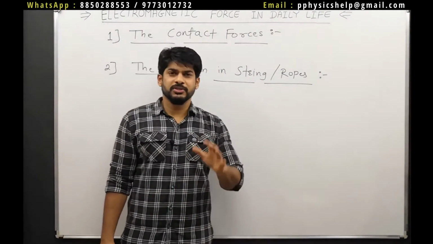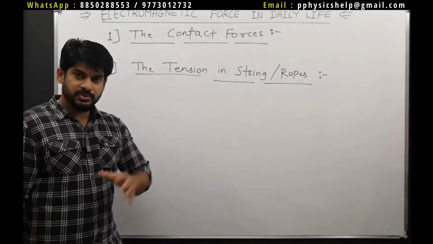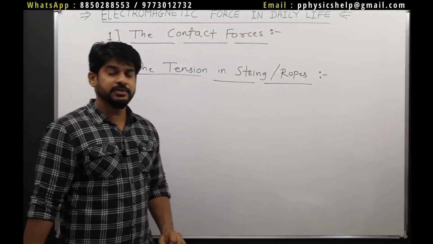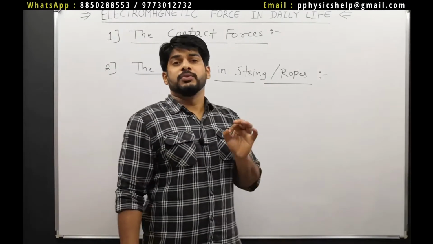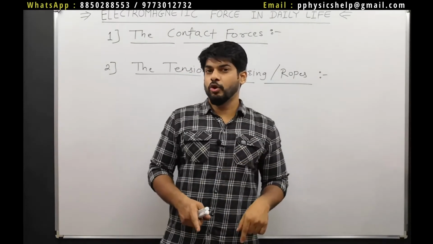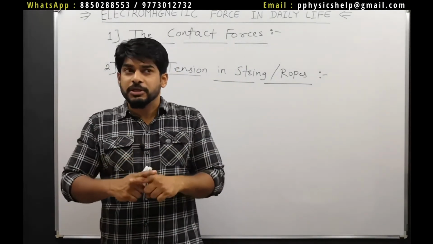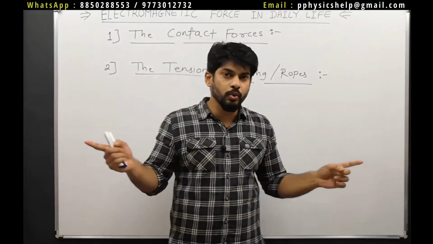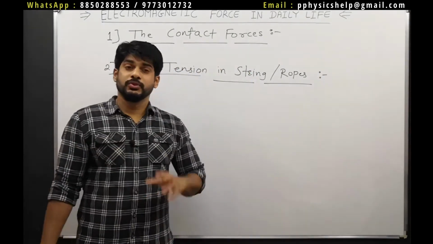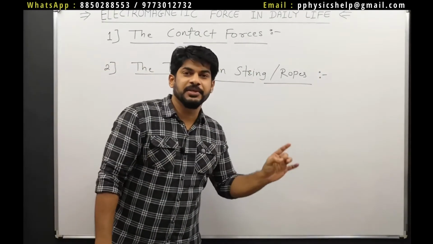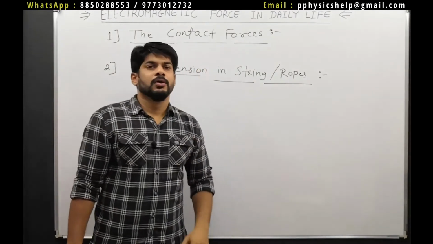Now there is no relevance actually between these three cases and the tension in the string, but it was very important to understand that if there is no net force, there is no acceleration. So now let's see what this tension actually is.